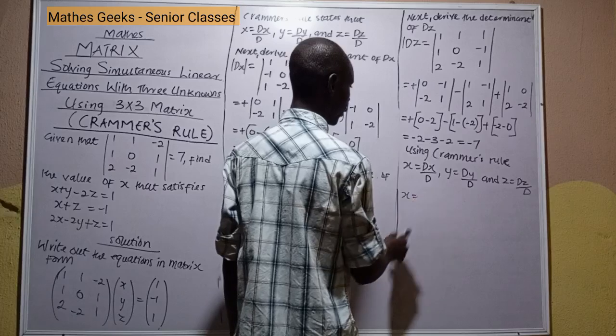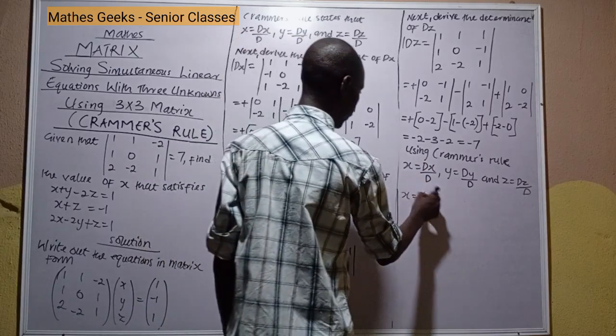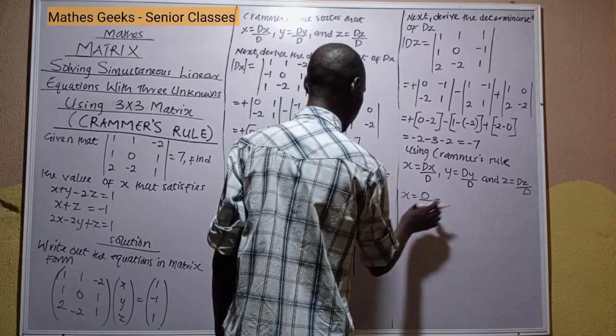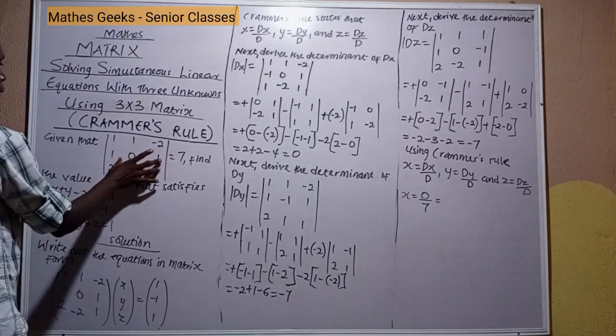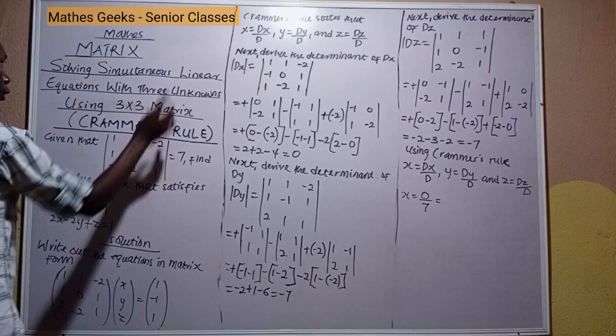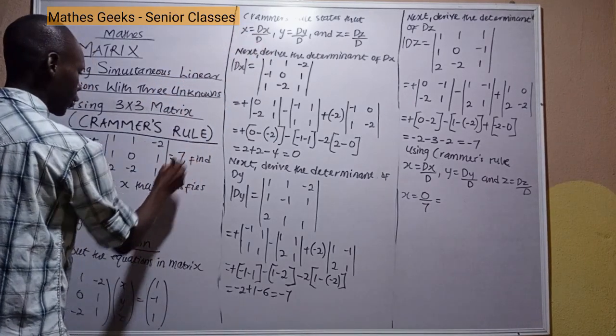So x equals dx, 0, over 7. D is this value here. Given that the determinant of this matrix equals 7, the determinant of D is 7, as given by the question.